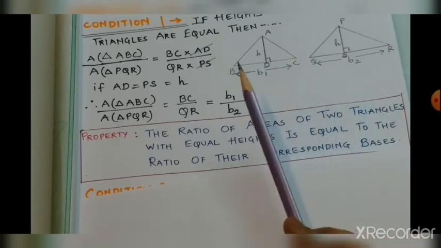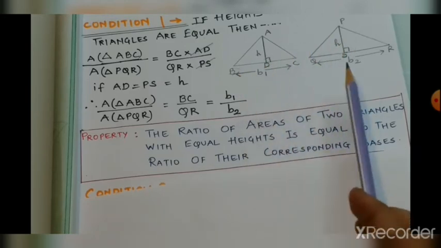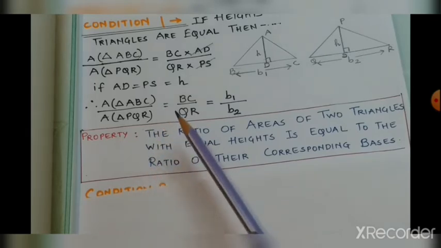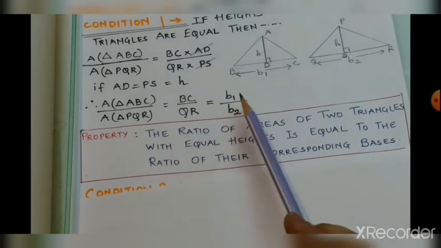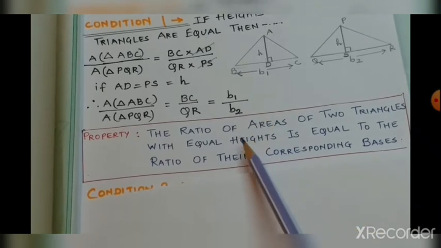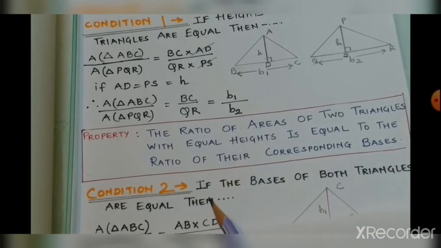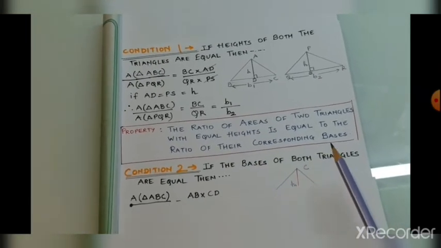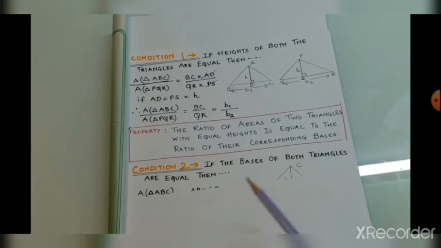So when there are two triangles and they have same height, then the ratio of their areas is equal to the ratio of their corresponding bases. Then there can be second condition, that if the bases of the triangles are equal, this can also happen, that in two triangles their bases are same.